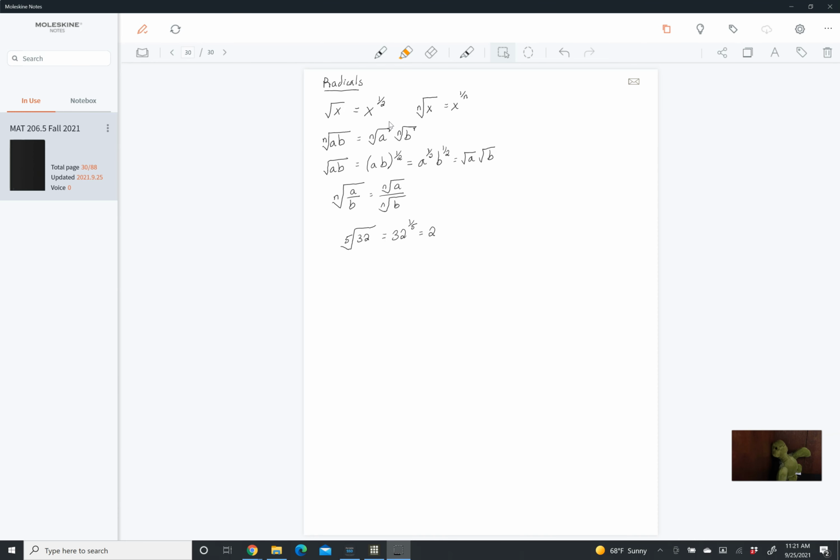Now, just to be really clear about this, what we mean by the 5th root of 32 is what number could be multiplied by itself 5 times to get to 32.